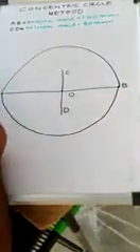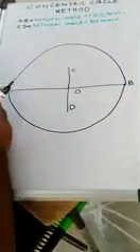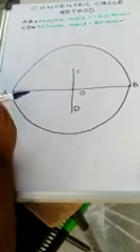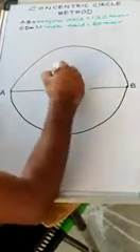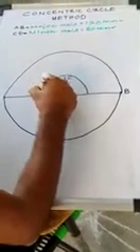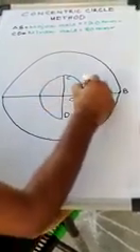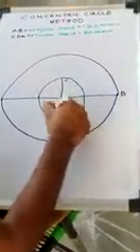This is the major axis circle. After that, O is the center, OC is the radius. Draw another circle. This is the minor axis circle.